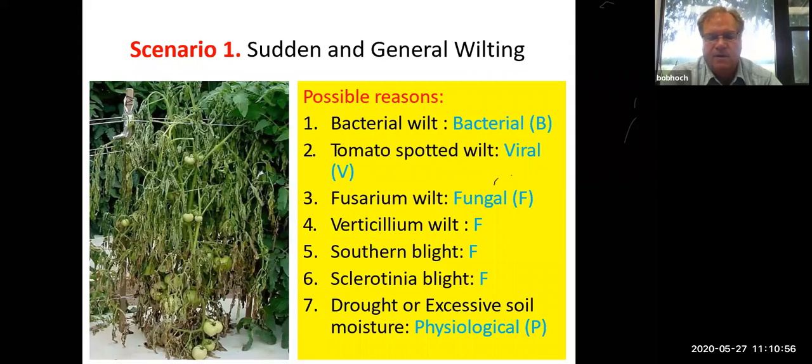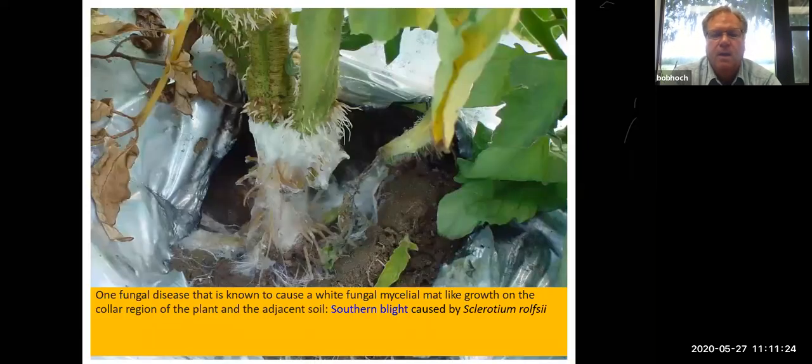So in this case, very specifically, where you don't have all of the plants reacting in the same way, it probably is less likely to be irrigation, either too much or too little. But we want to eliminate the possibility that there's something going on in the soil moisture level, either too much or too little. If we assume that everything is good there, then we're going to have these other options 1 through 6 that might be possibilities, and I'm going to go through them one by one. What I'm going to do first is to look at the base of the plant.